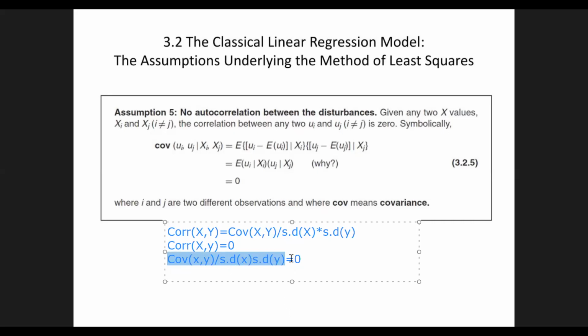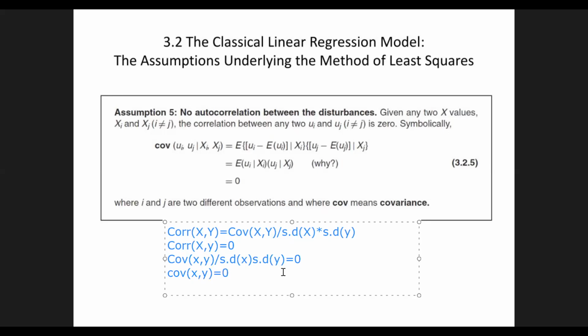This is equal to 0, which means that either the covariance will be 0 or the standard deviation of x and standard deviation of y will be 0. These two will never be 0, as there will be variation between the values of x and values of y. So these two cannot be 0, which means that covariance of xy will be 0. So if we are saying that there is no correlation between the two error terms, alternatively we can say that the covariance between the error terms is 0.